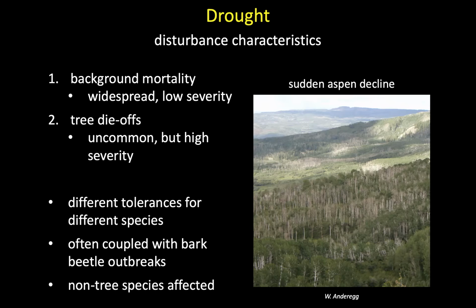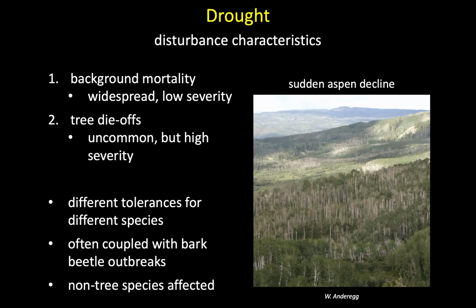An example of that is shown in the photograph on the right, representing sudden aspen decline that was initiated by a drought in the early 2000s in the Rocky Mountains. Different tree species have different tolerances for drought. For example, in the Southwest in the early 2000s, the major drought there caused pinyon pine mortality, but junipers were able to survive.